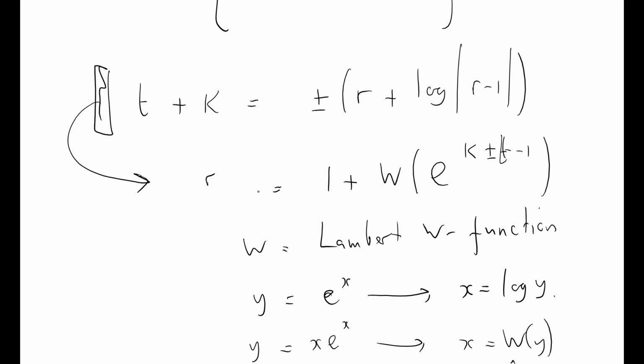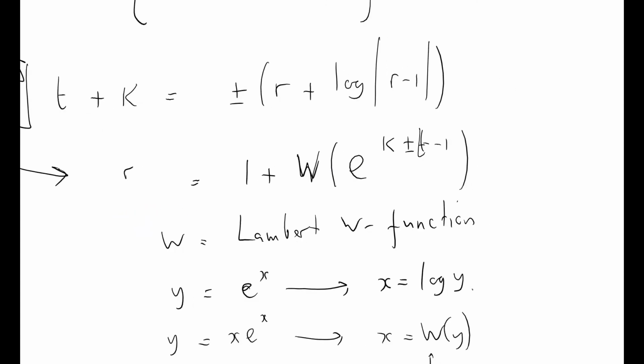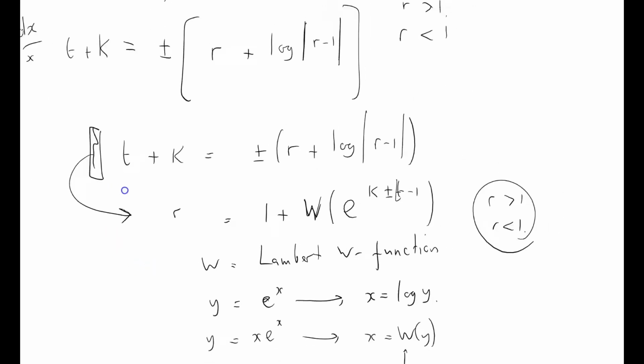However, this system works for r less than 1 or r greater than 1. This system still works for r being outside the event horizon or inside the event horizon equally. It's a little bit hard to deal with. The Lambert W function is a bit of a peculiar beast. It's got branches and it doesn't quite behave itself in the nice, clean, clear way that the log function behaves itself, but still, it's a nice analytical solution.